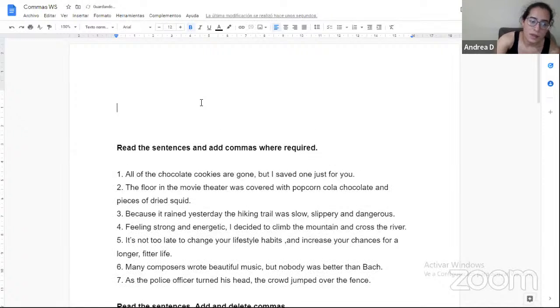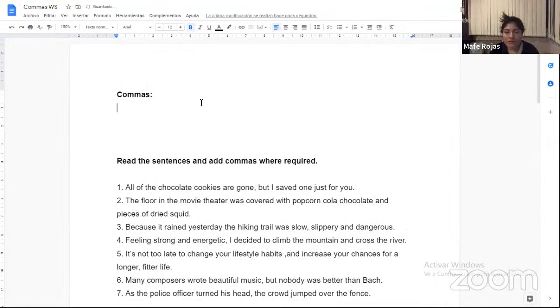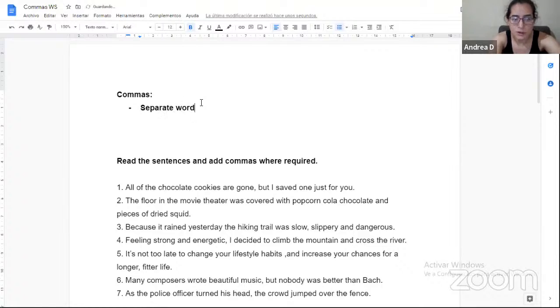Can you tell me some of the uses of commas? To separate words. Of course, yeah, to separate words. What kind of words, or when? Words and words, like 2 words.